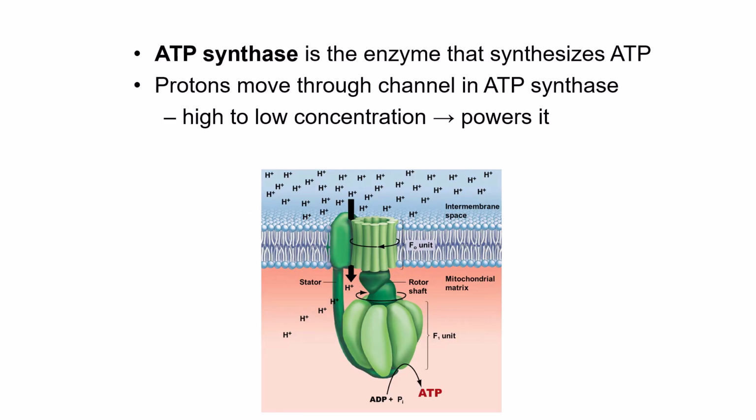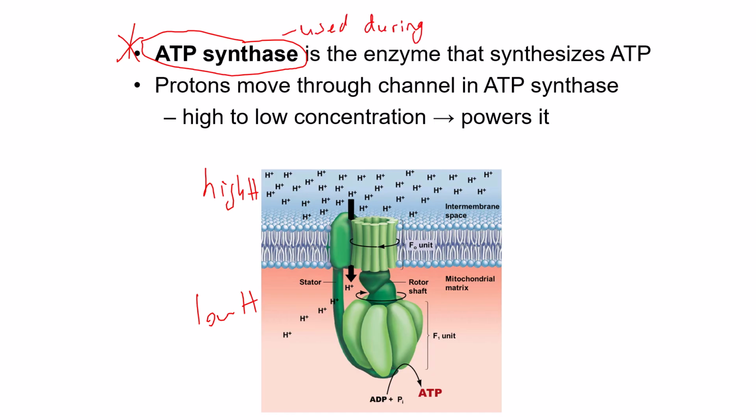This picture is showing the ATP synthase. Again, here you go from high hydrogen to low hydrogen. All right, so we can star ATP synthase. Note that this is used during this last step, electron transport chain. Again, this step makes the most ATP.